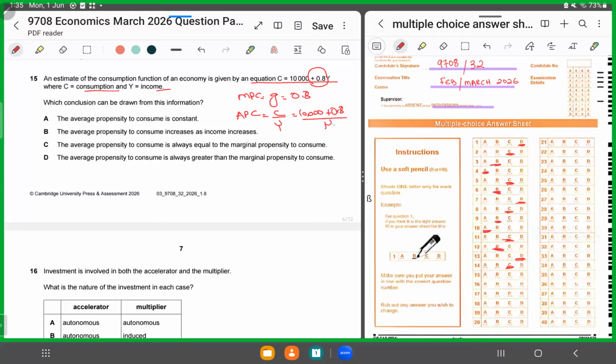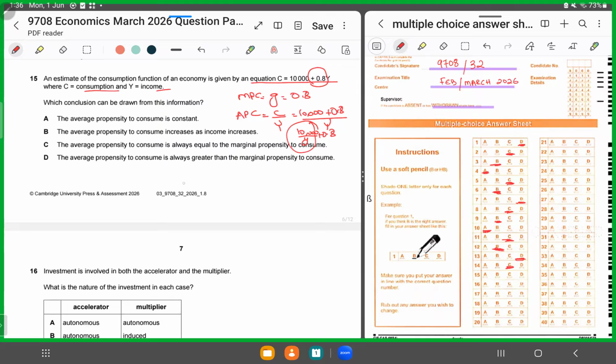So this would be 10,000 upon Y plus 0.8. So now notice what happened, that since 10,000 upon Y is always positive, APC has to be greater than MPC.